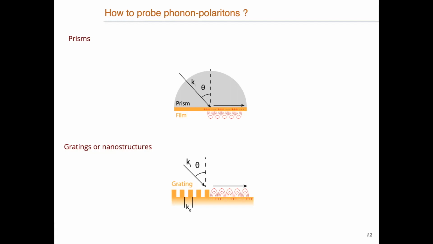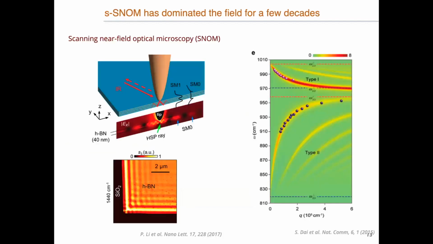You can also use a grating. You pattern the surface of your sample with a periodicity close to the wave number you want to launch, and that converts far field to near field that will excite and launch a phonon polariton. But the most successful technique, as I've mentioned, is scattering SNOM.